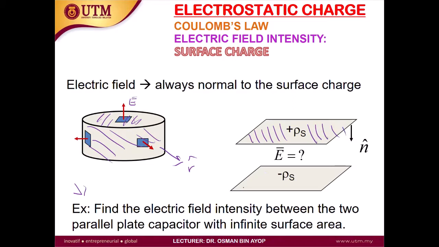This is positive rho s, and then this is negative rho s. Normally when you do the analysis, the conclusion is you will find that the E field will go down like this, normal to the surface. So you can see that the E field is from positive charge to the negative charge.